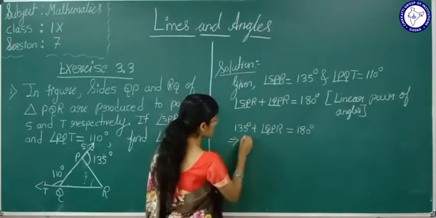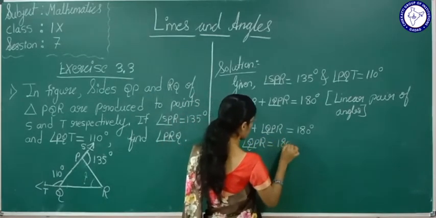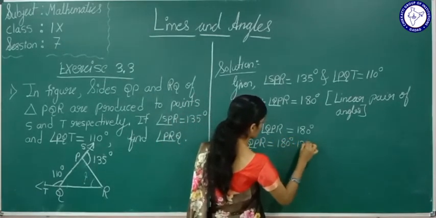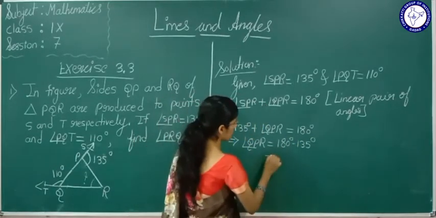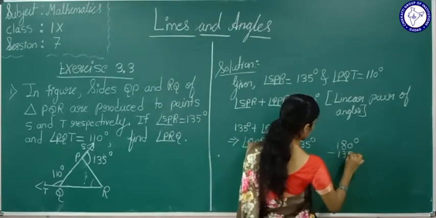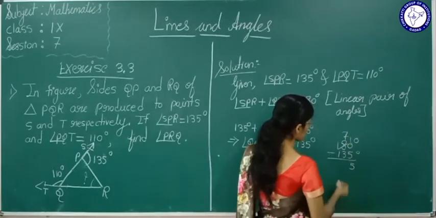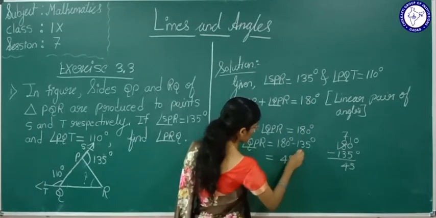So this implies angle QPR is equal to 180 degree minus 135 degree. Say, what is 180 degree minus 135 degree? 10 minus 5 is 5. Here 7 it will become 7 minus 3 is 4. Okay, it will be 45 degree.